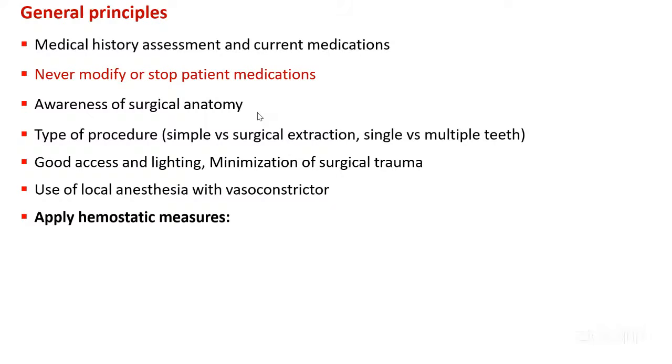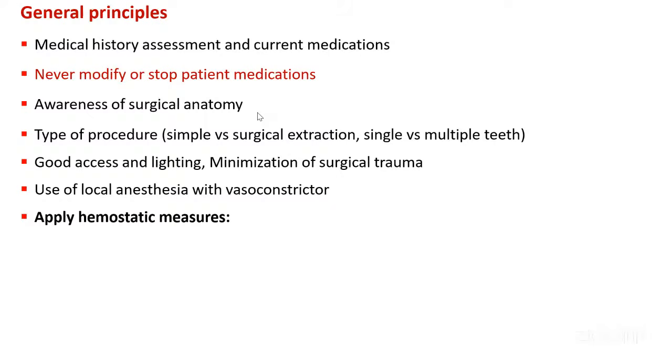Are you going to do a simple extraction with a grade 4 mobility tooth? Is it a surgical extraction? Are you planning to extract a single tooth or multiple teeth? It is vital to have good access and lighting, and to minimize the surgical trauma as much as possible. If you are doing a tooth extraction, it is also a good idea to use local anesthesia with a vasoconstrictor to reduce blood oozing, so it enhances your vision during the surgical procedure.